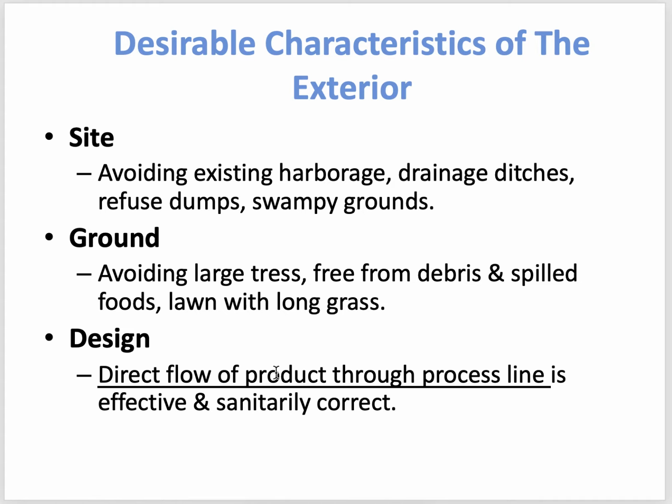So direct flow of product through the process line is effective and sanitarily correct. What do you mean by that? In the processing plant, say you process a food, there are many different processes in between, right? Maybe in one place you are chopping your raw materials, and in the next step you are mashing those chopped raw materials.